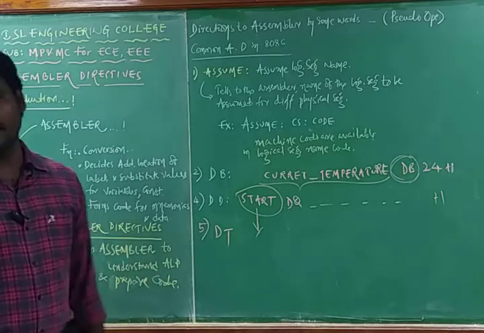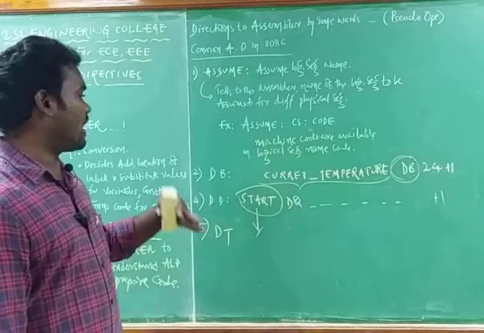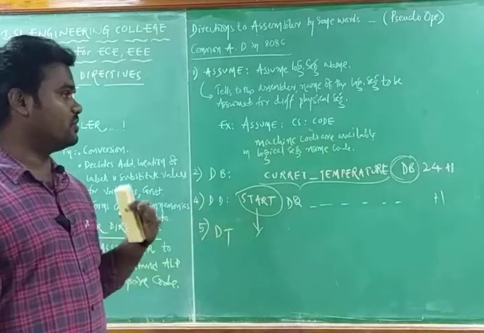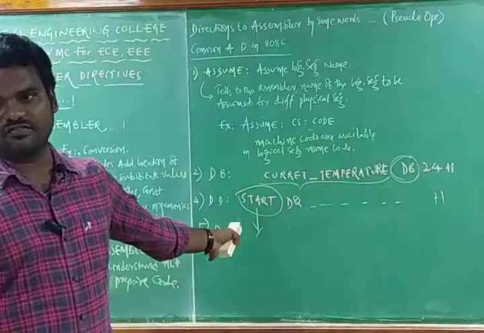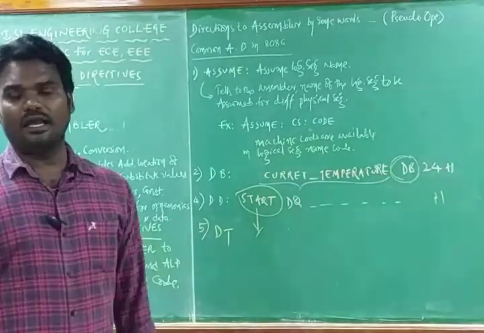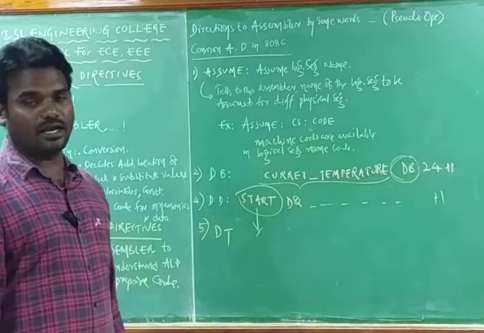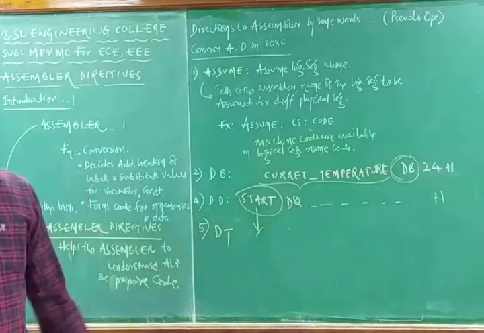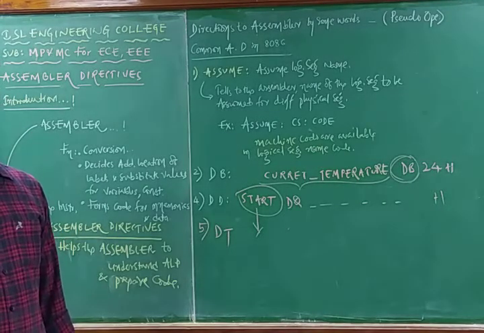In the case of define quad, it directs the assembler to have memory of 8 bytes. In the case of define 10 bytes, it directs the assembler to have memory of 10 bytes, and you can go with any one example for define 10 bytes.